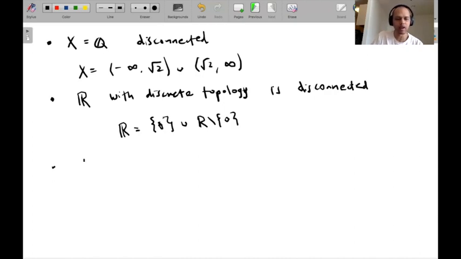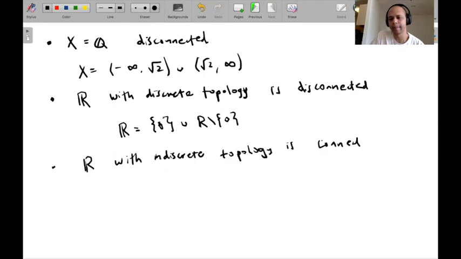On the other hand, R with the indiscrete topology is connected. There simply are not enough open sets.